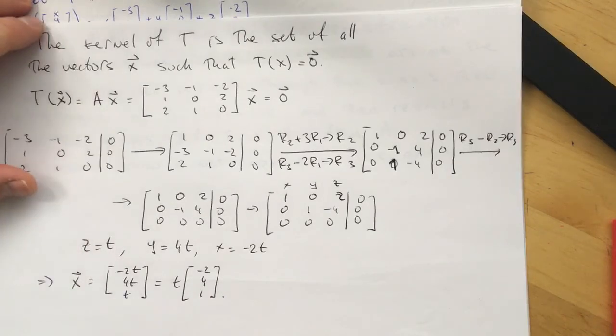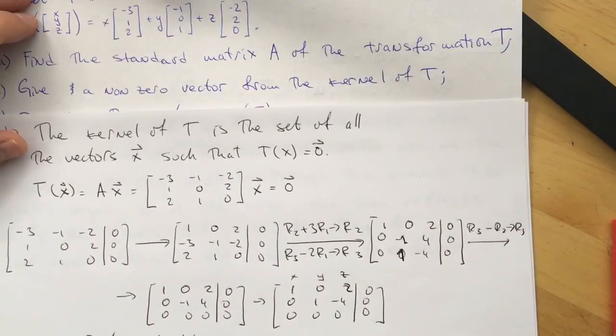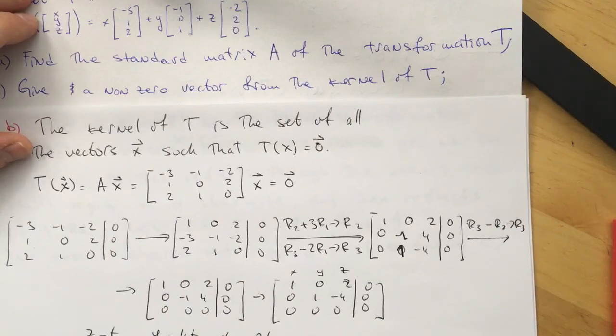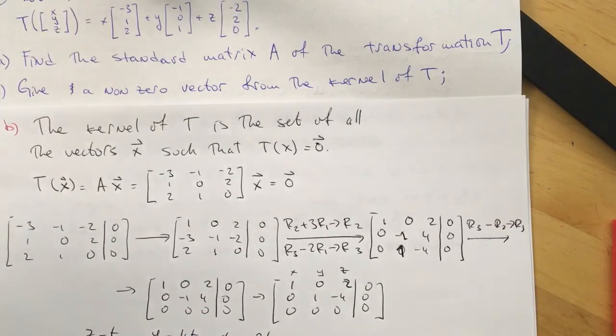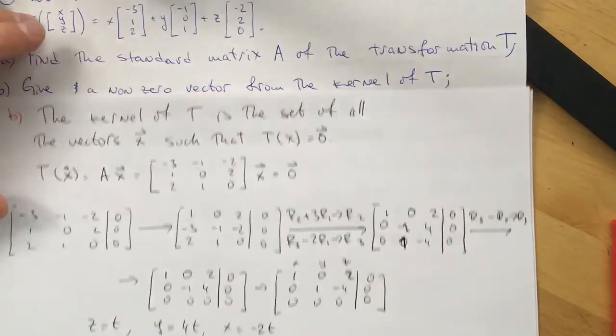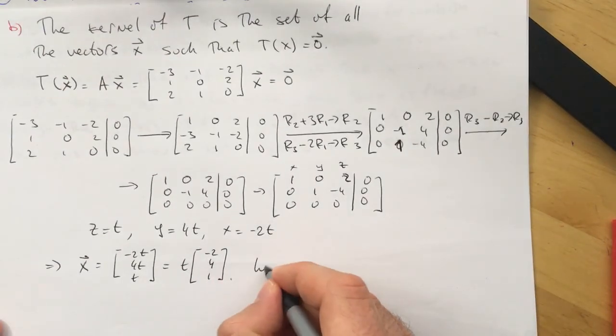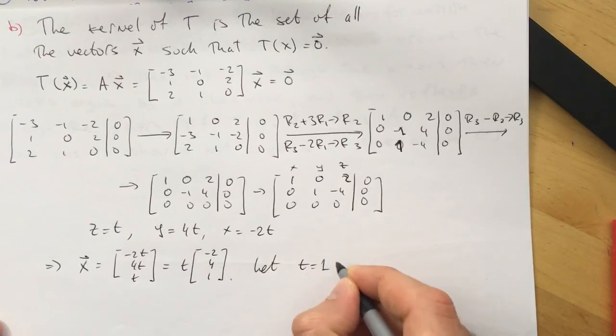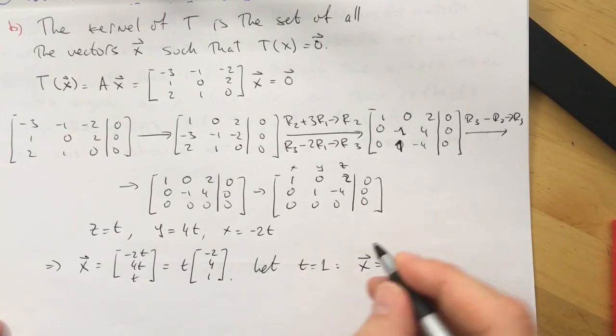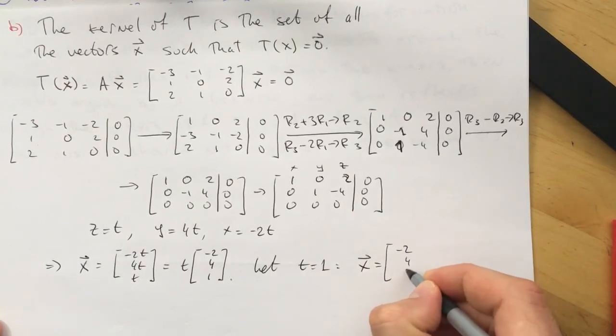Okay, and then part B says give a non-zero vector. So give a particular vector from the kernel of T. Here, infinitely many vectors are described. If you let t is equal to 1, then one particular vector would be (-2, 4, 1).